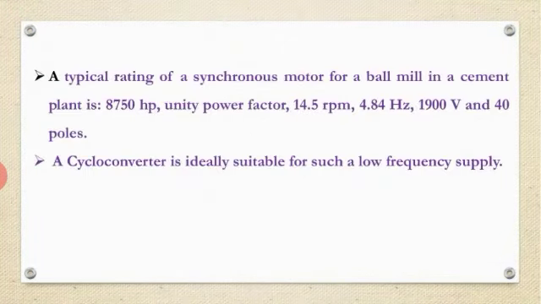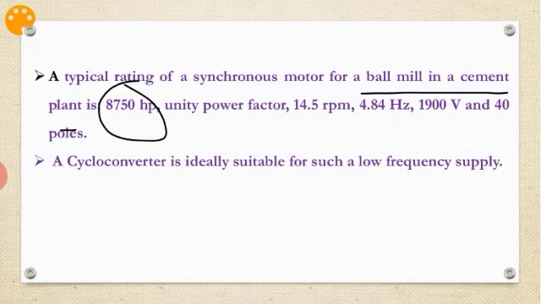Regarding the rating, a typical rating of a synchronous motor for a ball mill in a cement plant is 8750 HP at unity power factor.